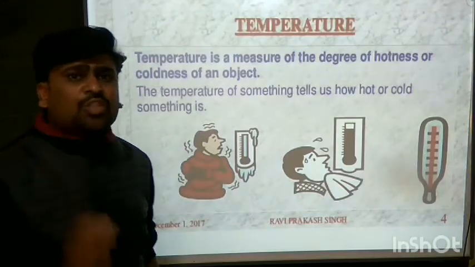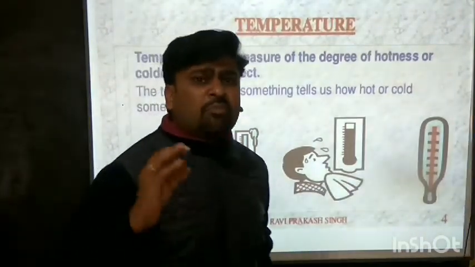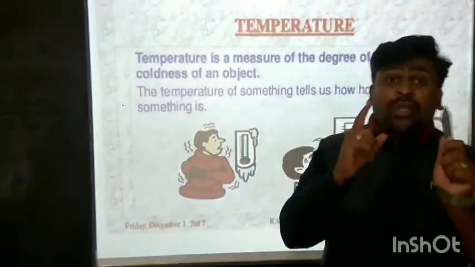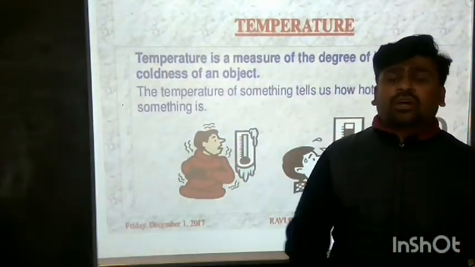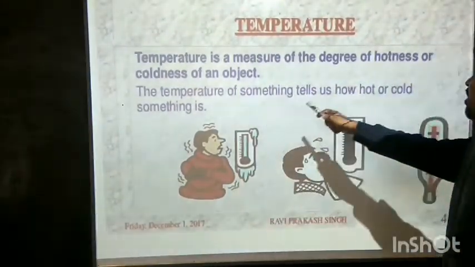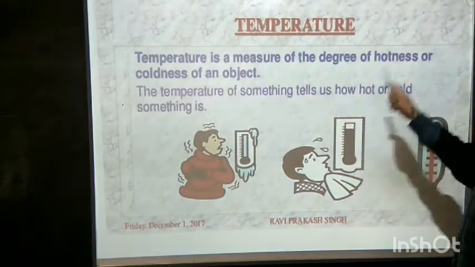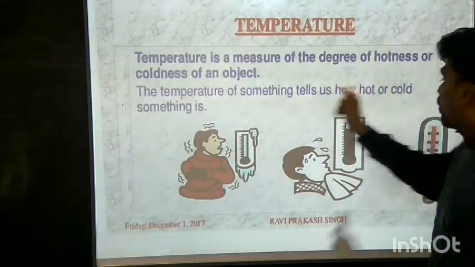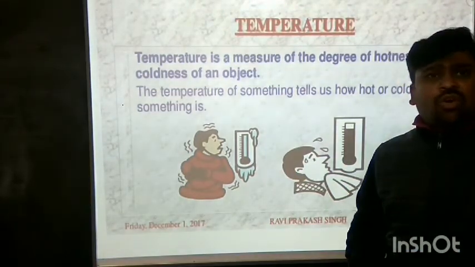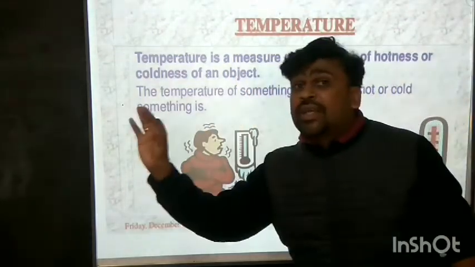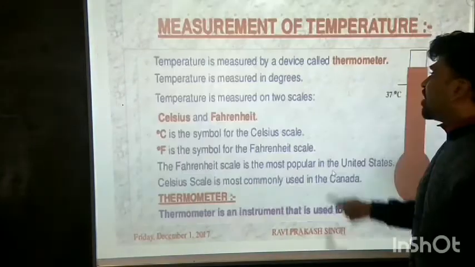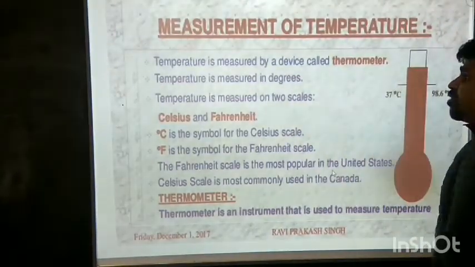By using an instrument we can accurately measure the temperature. That instrument is nothing but a thermometer. Isn't it? The temperature of something tells how hot or how cold it is. Temperature tells accurately how much hotness and how much coldness there is.